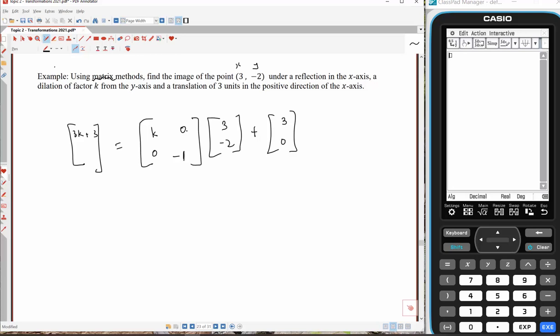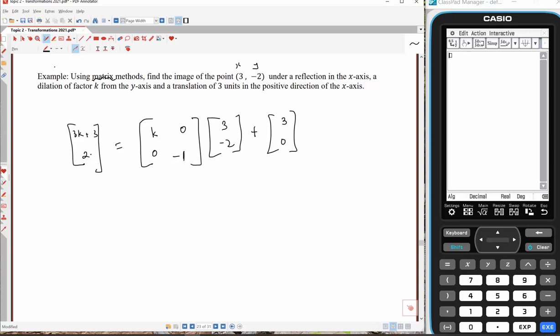Yeah, I just had to pause that video and think there. Yep, that's right. So that multiplied by that plus that multiplied by that is 3k, plus the 3 equals that. Now let's do this one here. So 0 multiplied by 3 plus negative 1 multiplied by negative 2 is equal to 2. Plus 0 is equal to 2 still.